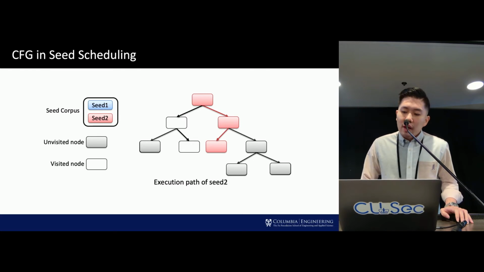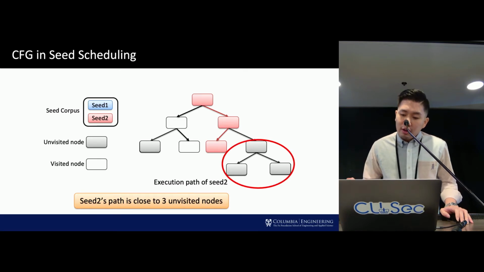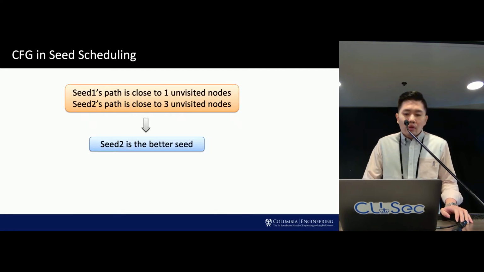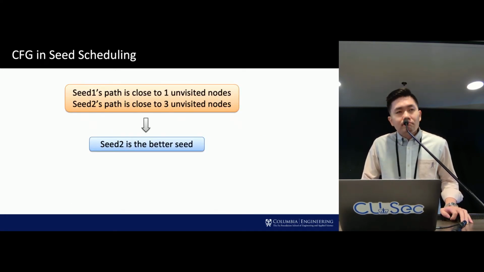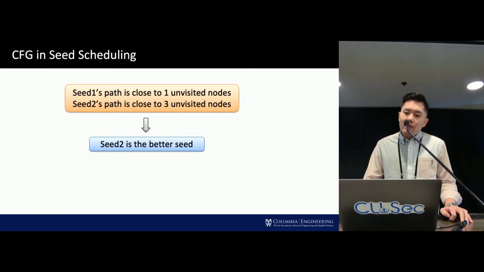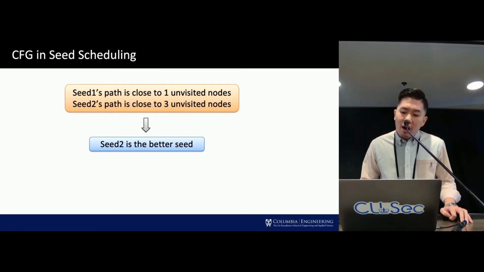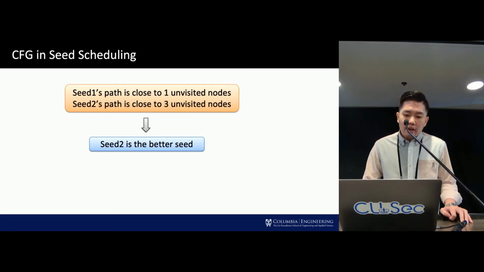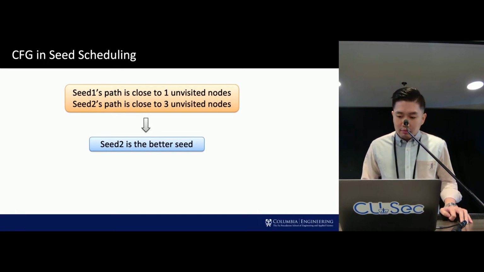For seed 2, its execution path is shown in red. We can see it is close to 3 unvisited nodes. For this example, intuitively, we can know seed 2 is a better seed because the goal of fuzzing is to explore more unvisited nodes, and seed 2 is close to more unvisited nodes.